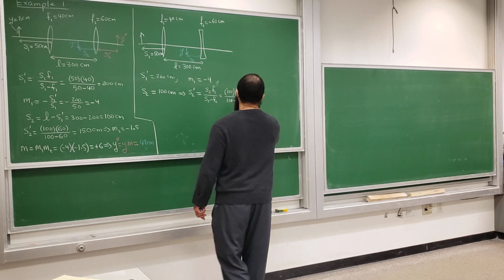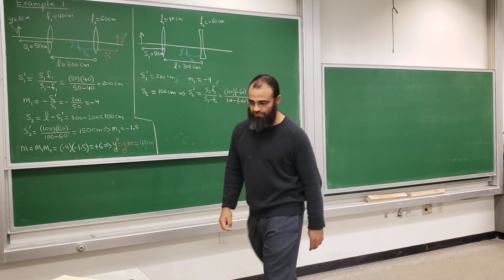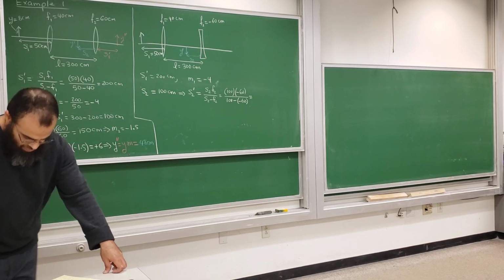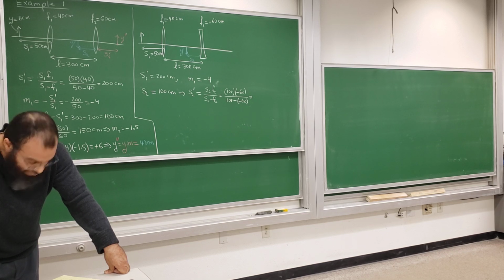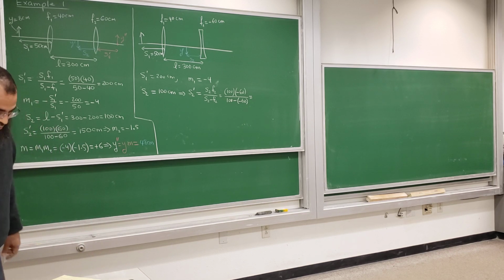Okay? So that's what we need to do. I will let you figure it out and then make sure your number agrees with mine. I will tell you what my number is in a second. So you need to tell me what yours is.